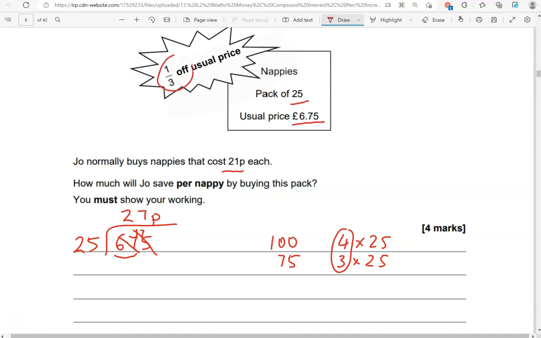Now we've got a third off the usual price. So what is 27 divided by 3? We know that's 9, because 9 times 3 equals 27. So 27, take away the 9, that is going to give us 18.